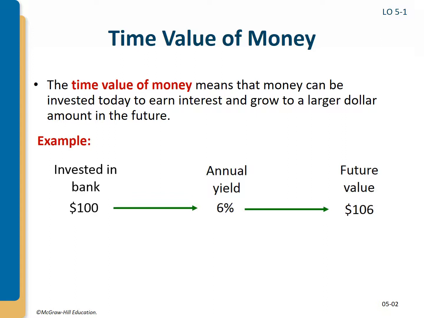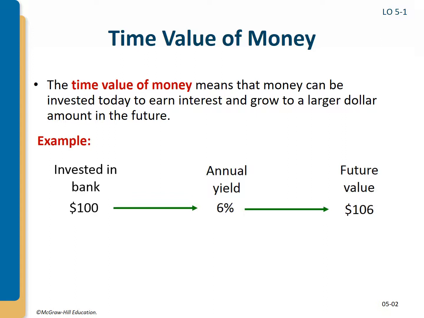You put $100 in the bank, it earns 6% interest. In 1 year, it's going to have a future value of $106. So the $100 today is called present value. That's what it's worth at time zero, today, when you put it away. And you don't have to go, oh, the beginning of the year. No, it's today.